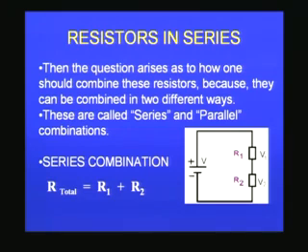It is very easy, because the total resistance is just the sum of the individual resistors. So, in this example that I showed you, the total resistance capital R is equal to R1 plus R2, because we have used only two resistors. The combination is the sum of the two resistors R1 and R2.